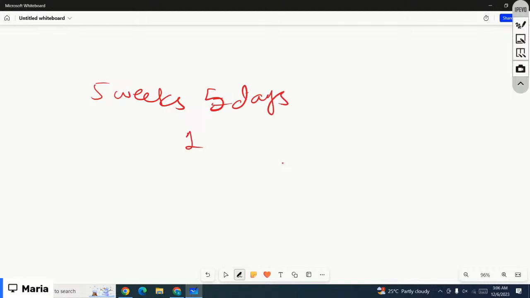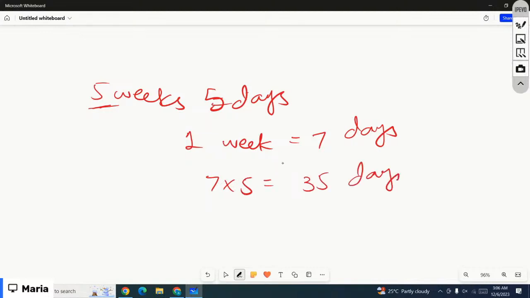In 1 week we have 7 days, right? So first let's convert these 5 weeks to days. You have to do 7 times 5, right? 7 times 5 equals 35 days. That means in 5 weeks we have 35 days. You already have 5, so you need to add 35 plus 5 equals 40 days, right? That means 5 weeks, 5 days equals 40 days. The correct option is 40, right?